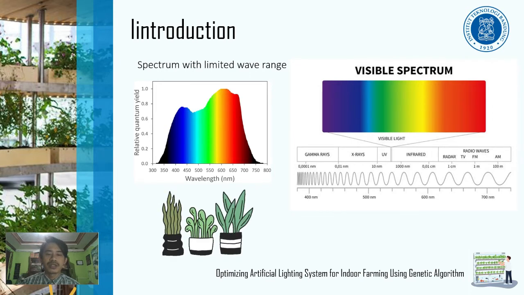For example, the range of the spectrum used for photosynthesis is from 400 nanometers to 700 nanometers. And if you look at the visible range, actually not all colors are used by the plant.